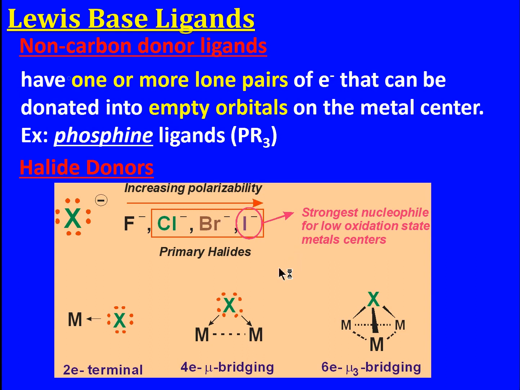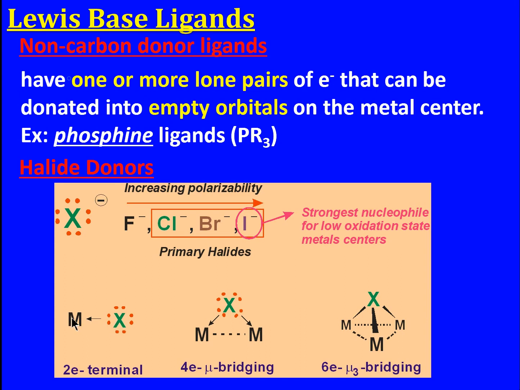Since I minus is the strongest nucleophile, the bond M-I is the most stable in the family of M-halides. And according to Lewis structures, we have 4 lone pairs. So we have several types of bond ML.